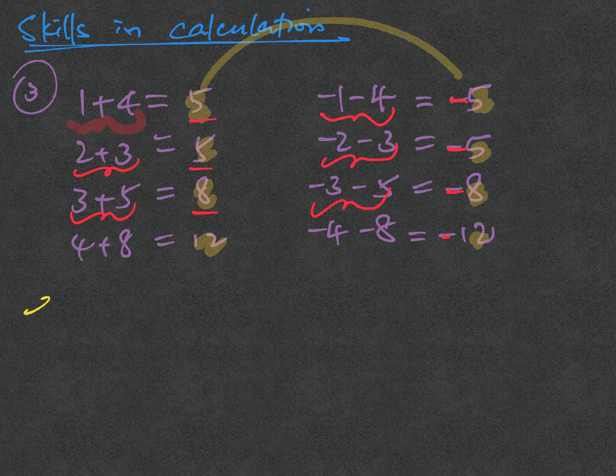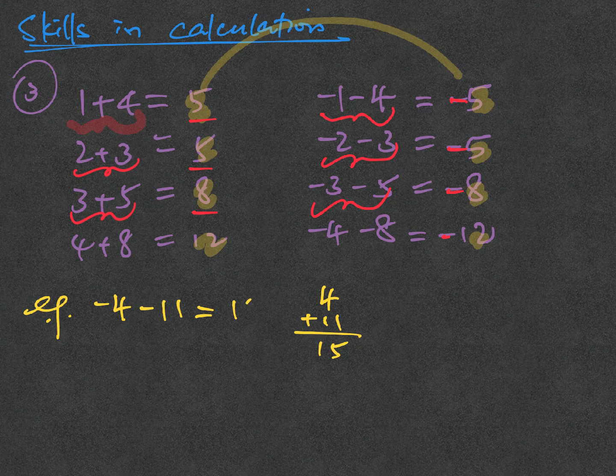For example, if we have negative 4 minus 11 this time, what should we do? Forget about the negative sign. You just look at 4 plus 11, which is equal to 15. So let's write down 15 first. And because both of them are negative, the result should be negative.